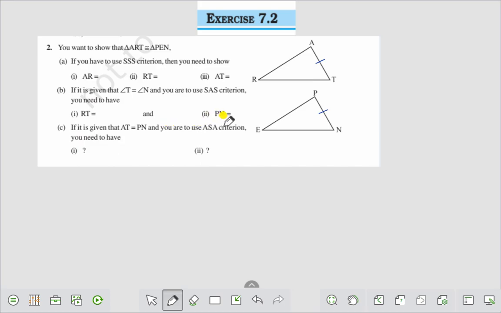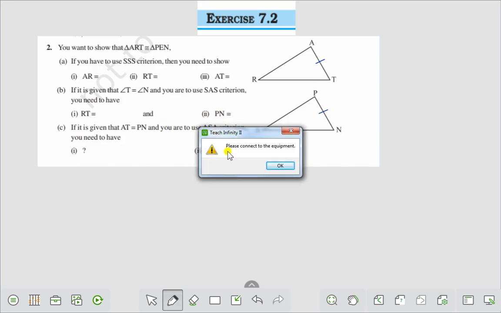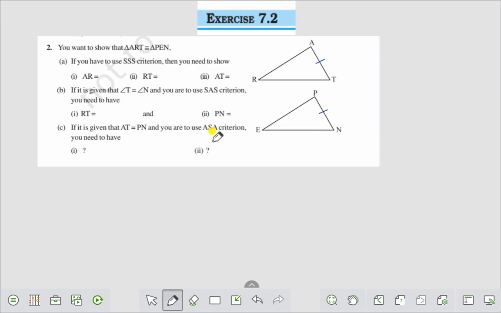And you have to use the angle side angle criterion, then you need to have angle, side, angle. That means this angle, that is angle N, should be equal to angle T.